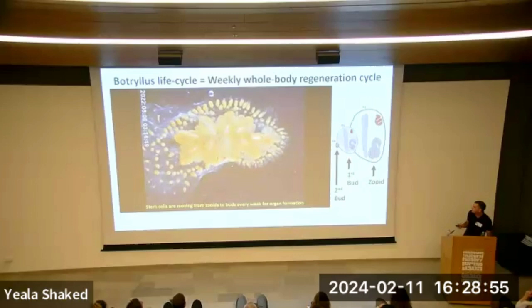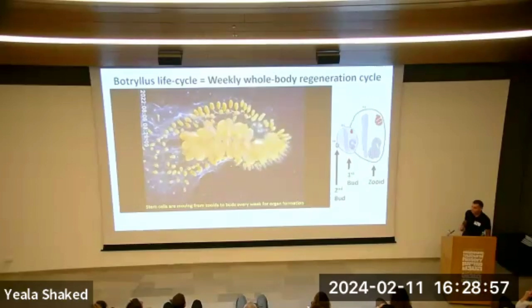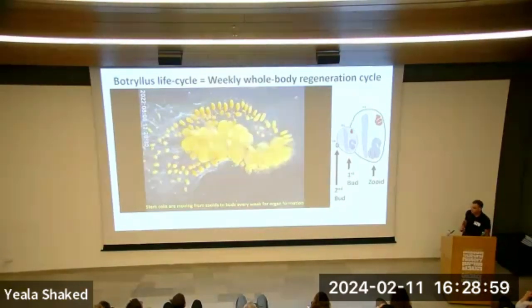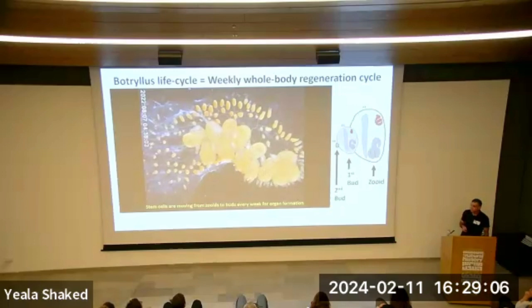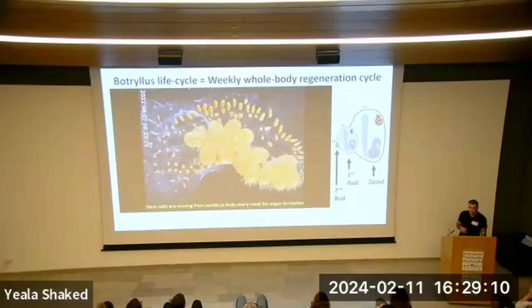We see how the zooids actually shrink, they are resorbed, and we can see how the new buds are formed, they grow until the zooids disappear. And then the primary bud becomes the adult zooid. The secondary bud is becoming the primary bud. And then we have a new secondary bud that forms. So this process is happening every week. And the regeneration cycle that we see here makes it a really good model to study a lot of things.